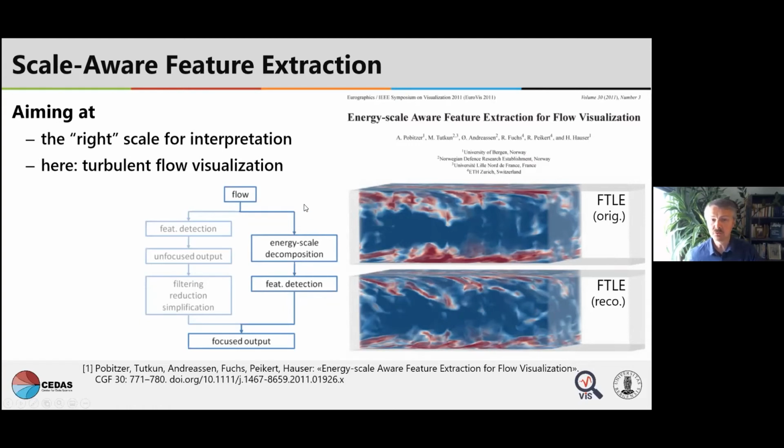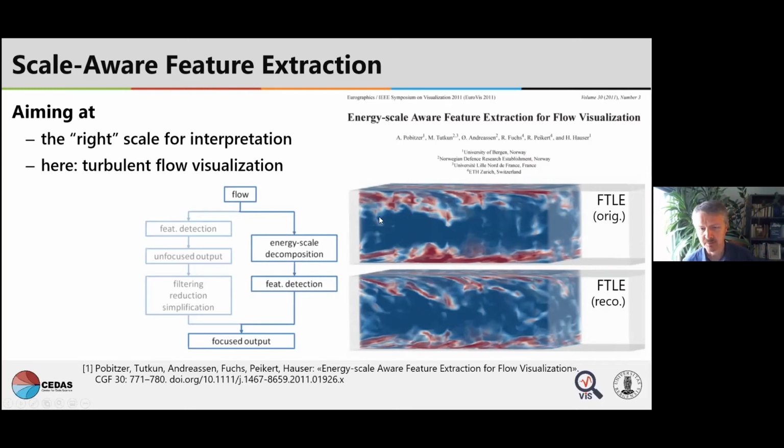And in order to do so, one could first employ a method to actually decompose your data into the different scales that it contains. We use proper orthogonal decomposition for this work. And then you can work with feature detection on these scales.